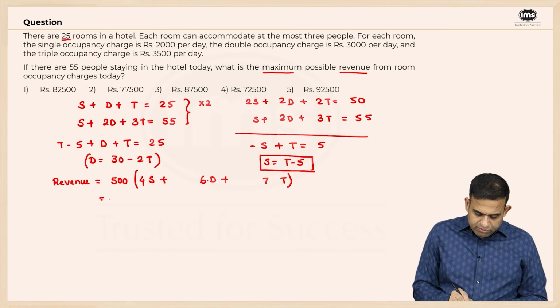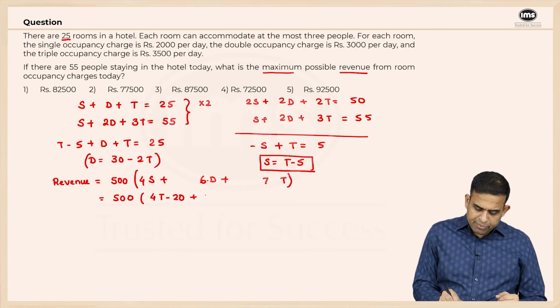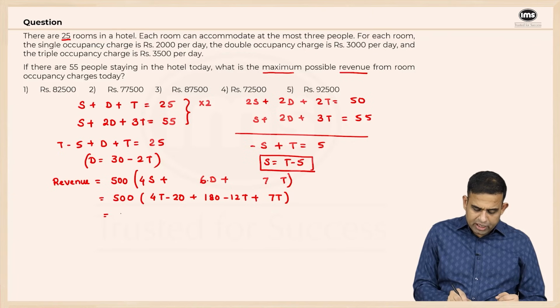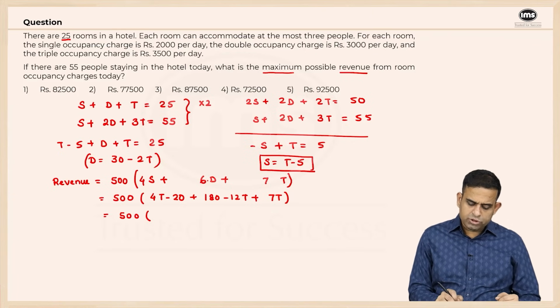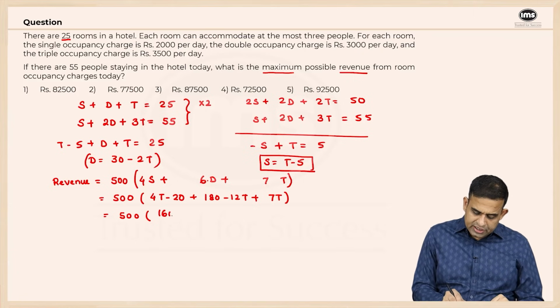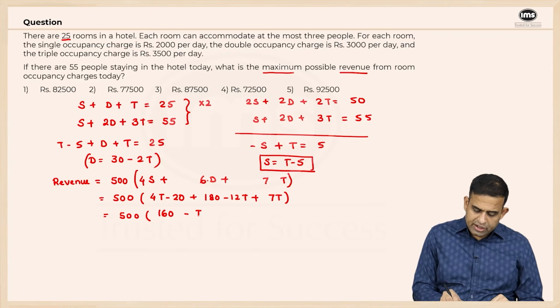So this part will become 500 times of, the term 4S will become 4T minus 20. The term 6D will become 180 minus 12T, plus 7T. And this thing becomes equal to 500 times of, if you look at over here, this particular portion comes out to be 180 minus 20 is equal to 160. And then this is 11T minus 12T giving you a minus T.